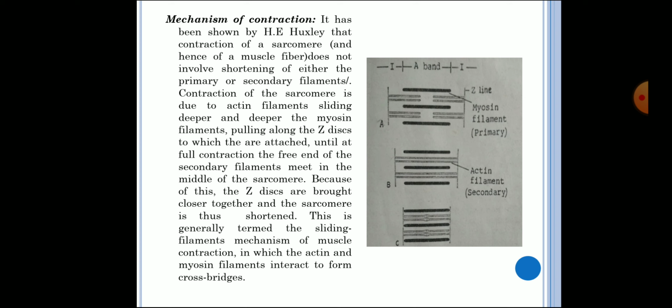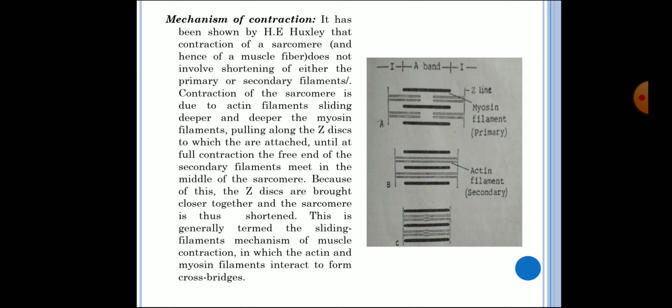Contraction of the sarcomere is due to the actin filaments sliding deeper and deeper between the myosin filaments, pulling along the Z discs to which they are attached until at full contraction the free ends of the secondary filaments meet in the middle of the sarcomere.